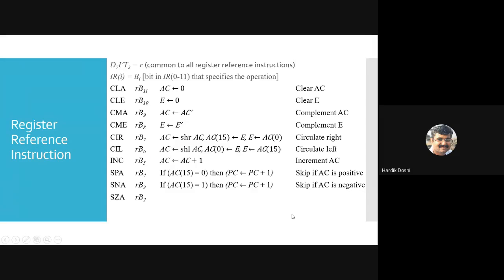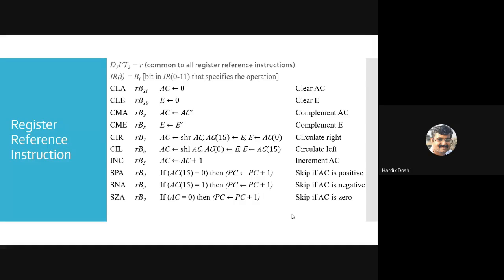SZA means accumulator is 0. If accumulator is 0, then skip the next instruction. If AC equals 0, then PC increment by 1. Perfect. Absolutely correct. Is it fine, everyone?